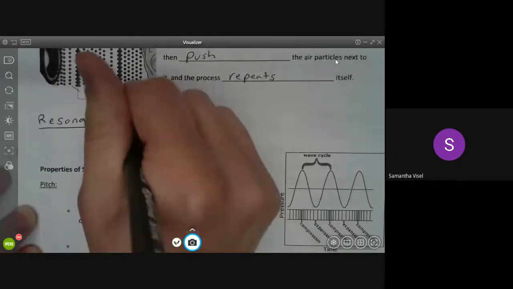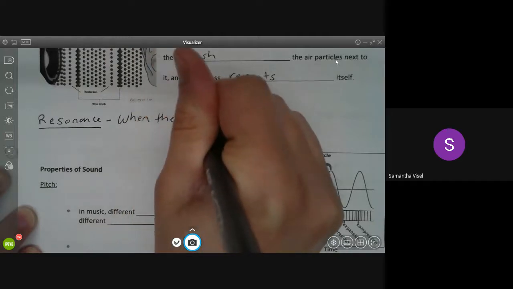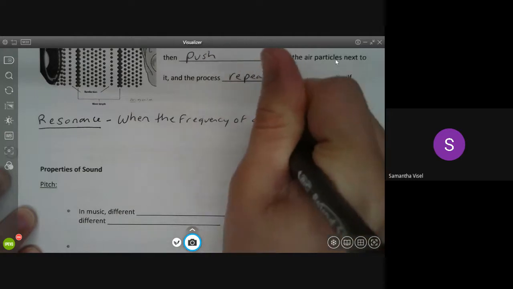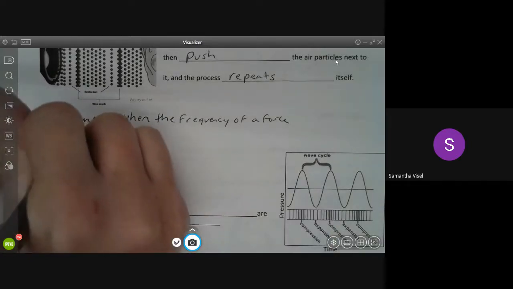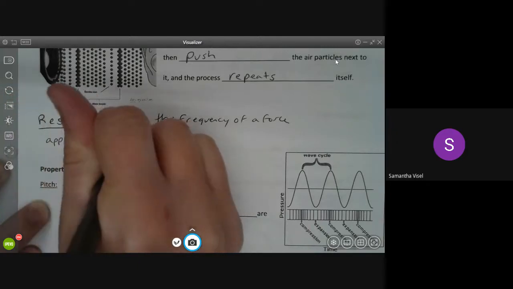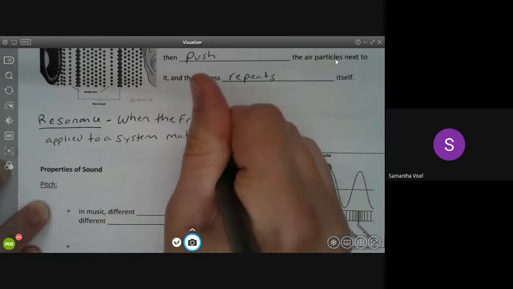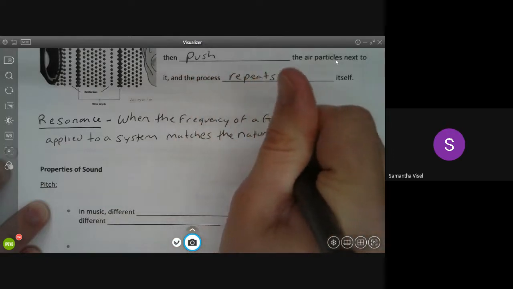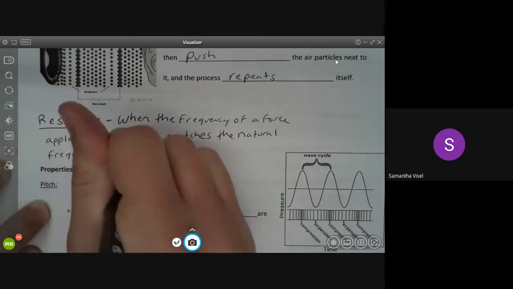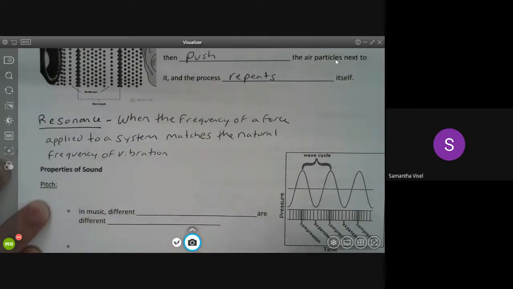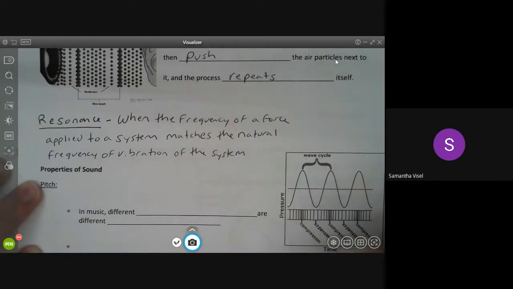Resonance is described as when the frequency of a force applied to a system matches the natural frequency of vibration of the system. We'll give everyone a second to write that down, and we'll talk about what this all means.